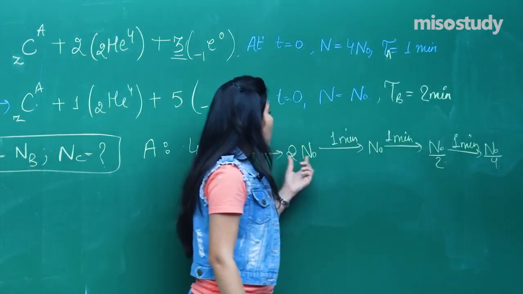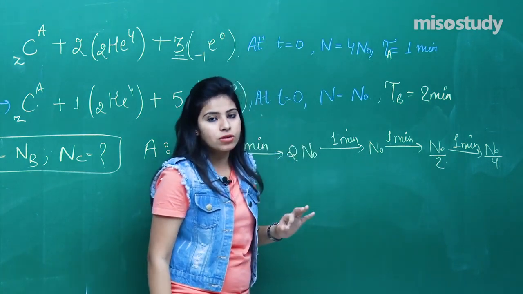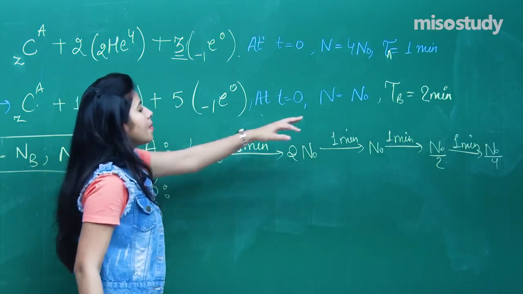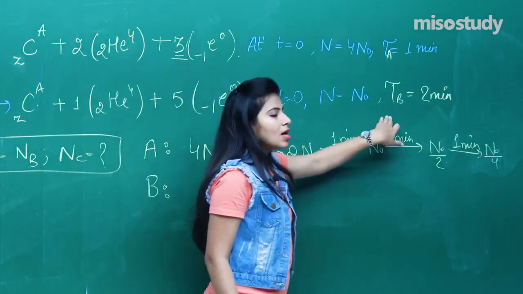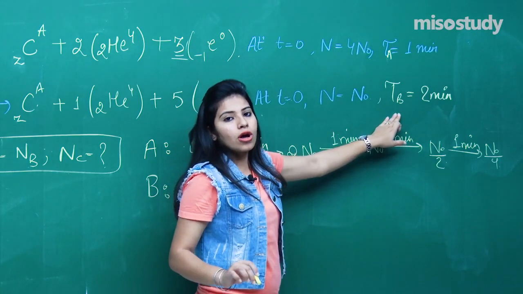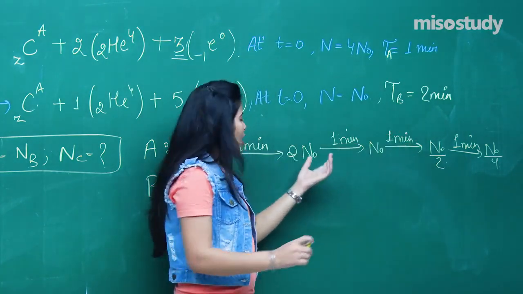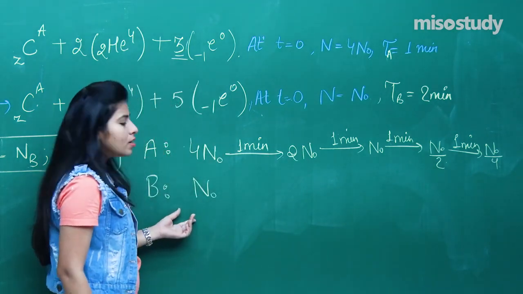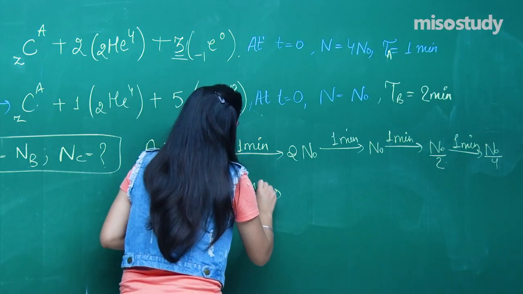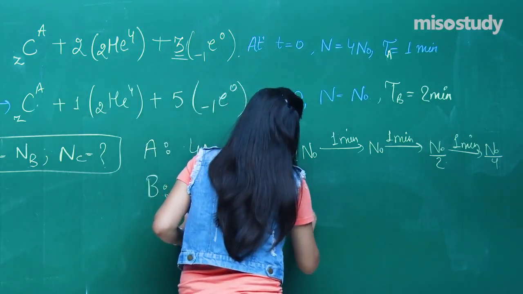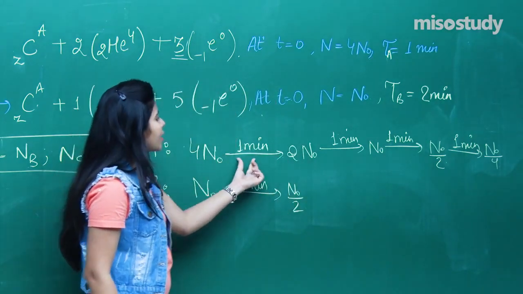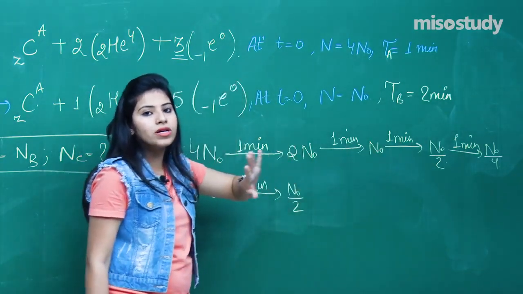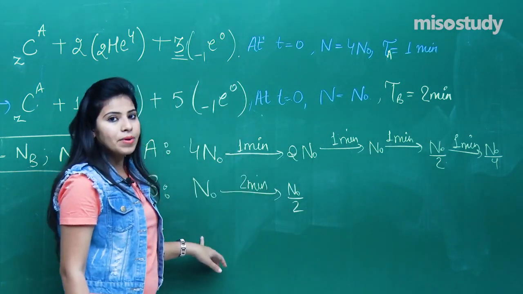Now let me tell you why I am stopping this chain at this position. Because if I consider the case of B, I have its half-life as 2 minutes. Initially there were N0 nuclei. After 2 minutes, it will become N0 by 2. But from here I cannot see that A has N0 by 2 atoms at 2 minutes. So after 2 minutes Na and Nb are not equal.